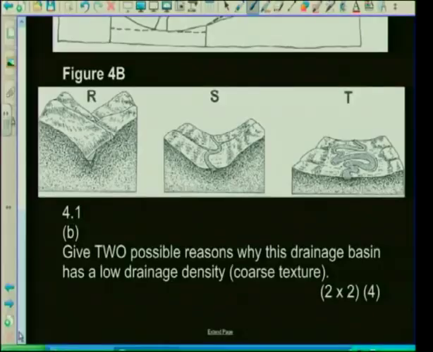4.1b. Give 2 possible reasons why this drainage basin has got a low drainage density. So grade 12, they're looking for reasons as to why there is less water on the Earth's surface. So ultimately, what has caused infiltration to take place, resulting in less runoff on the Earth's surface?